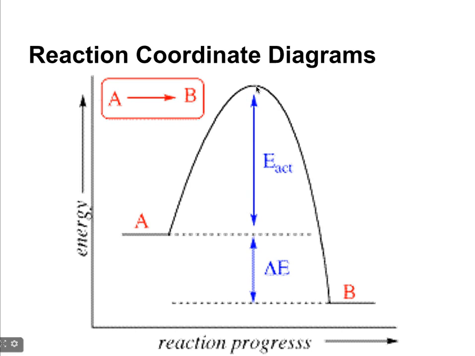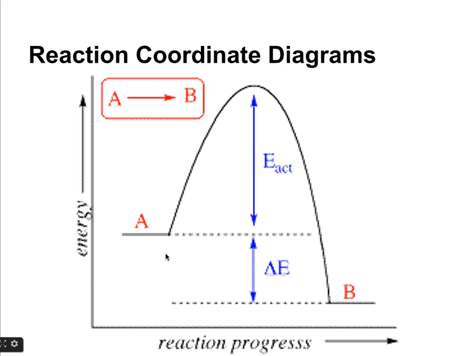At this peak, the reaction starts, everything changes around, and produces the products, B. So the difference between where the reactants start and the peak is your activation energy, and the difference between where A and B start is your change in energy for the reaction.